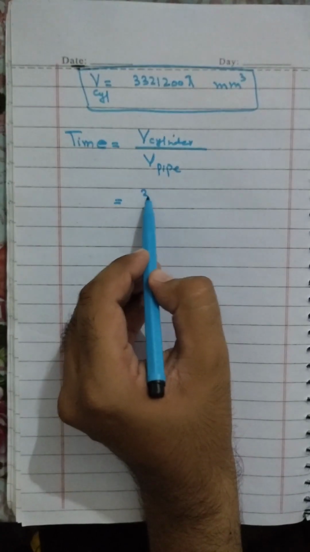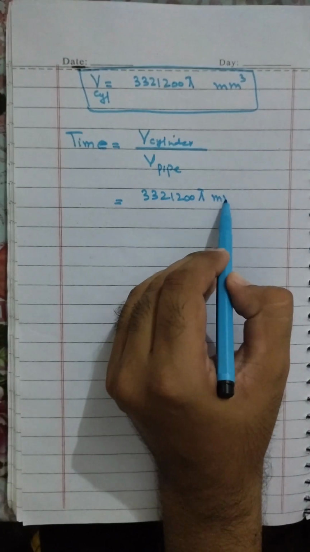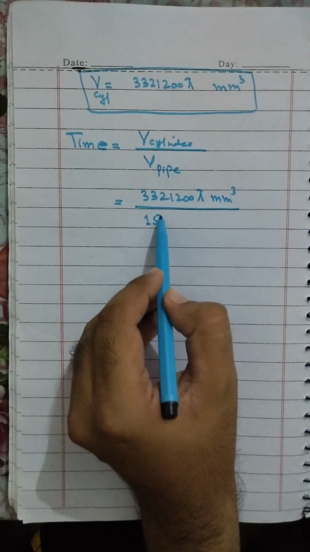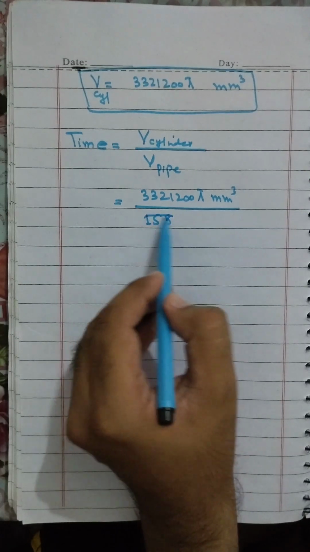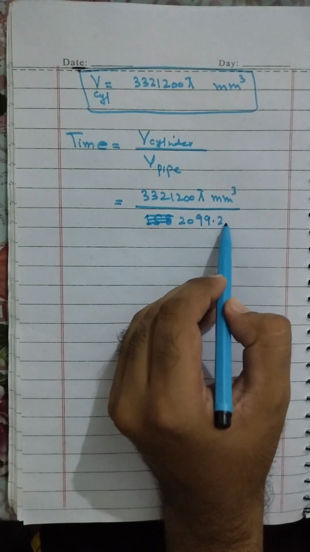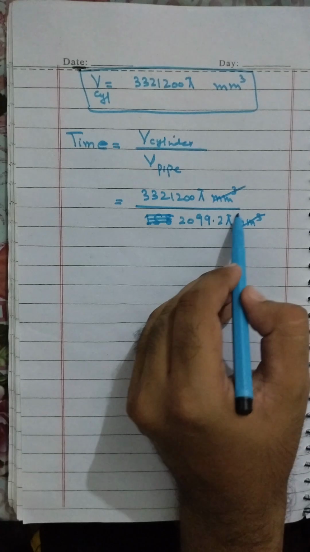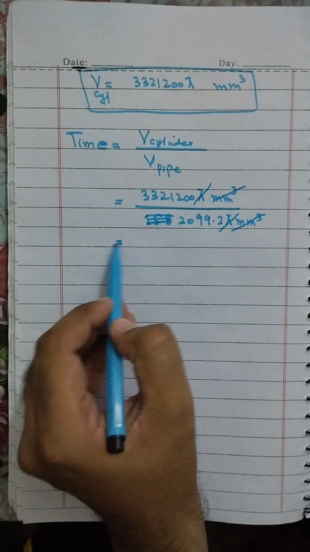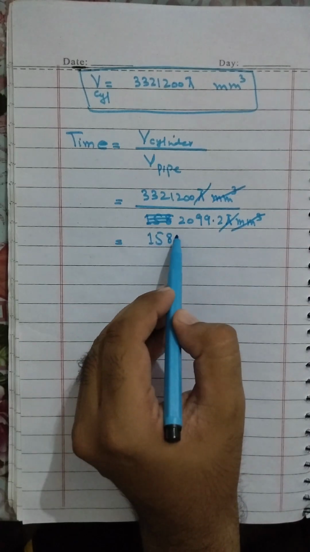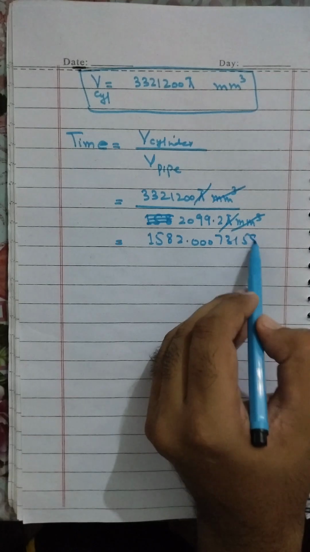So it becomes 33,212,00 pi mm cube over 158. Actually wait, it was 2.0992 pi mm cube. This will be cancelled by this. Just when we divide it, it becomes 158.2.007315 seconds.